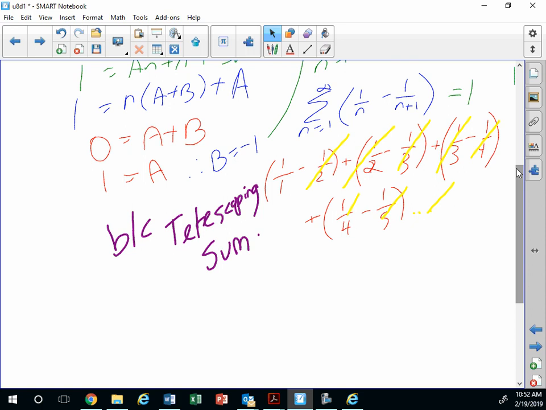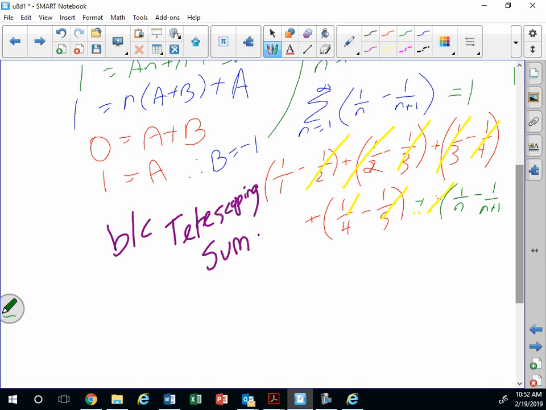Now, as you continue on here, you're going to have 1 over n minus 1 over n plus 1. You're eventually going to be left with the limit as n approaches infinity of 1 minus 1 over n plus 1, which is 1, because this is going to cancel out.